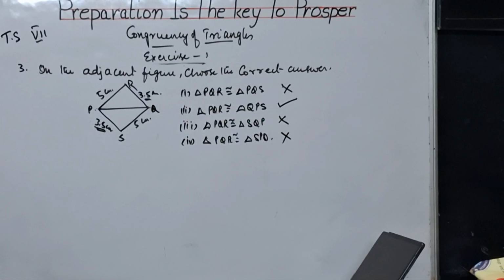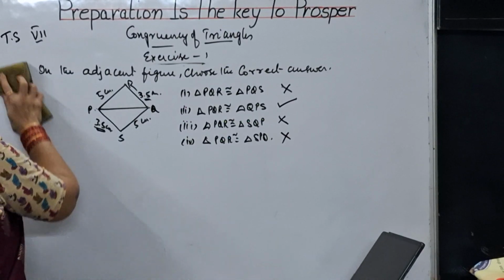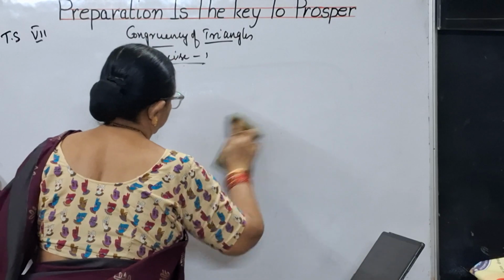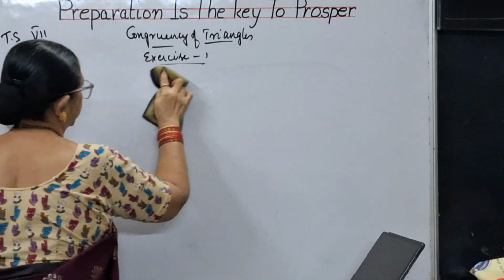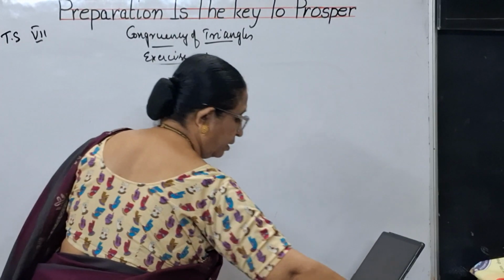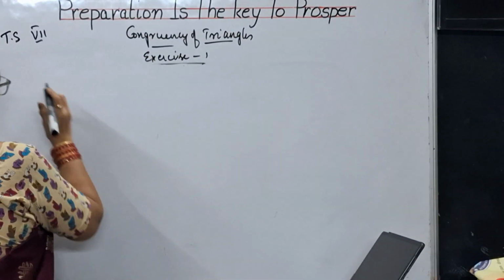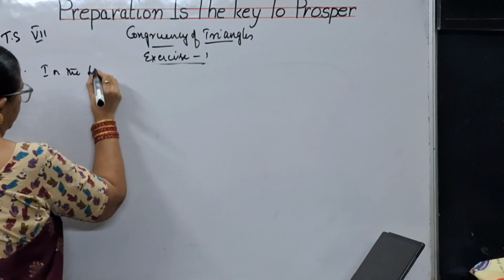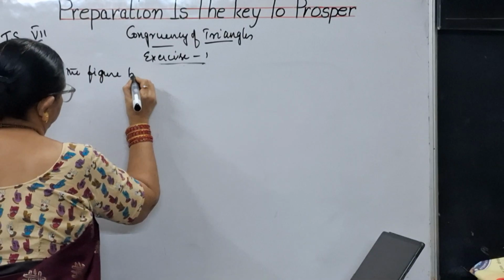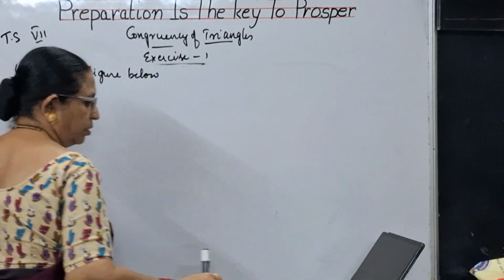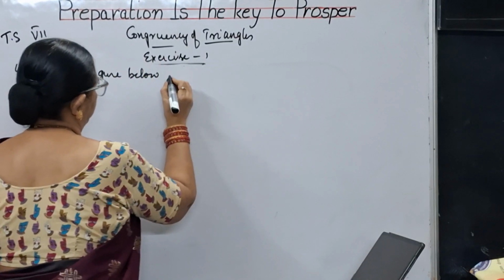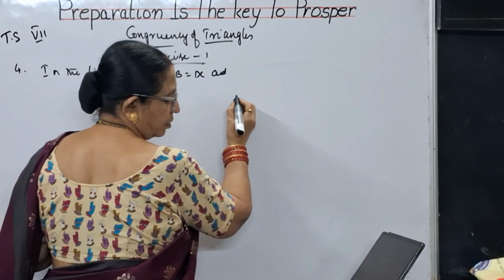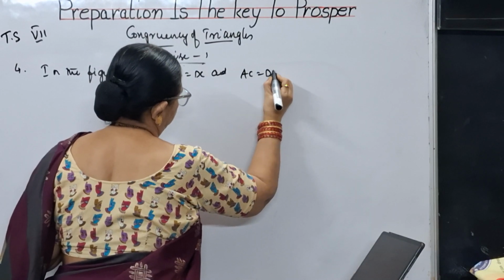Now we will see the next sum. The next sum is in the figure below. There is a figure that they have given. In the figure below, AB is equal to DC and AC is equal to DB.